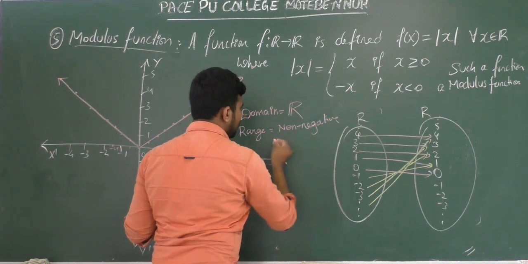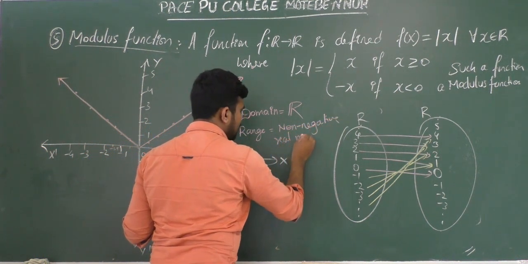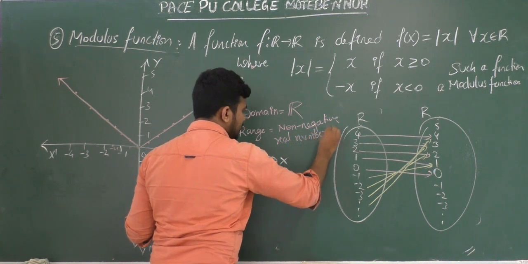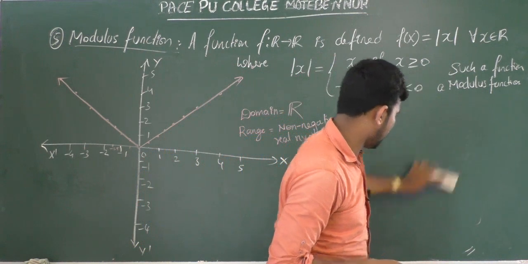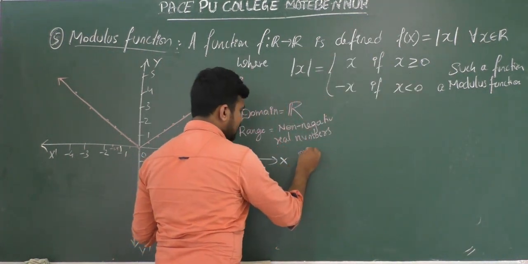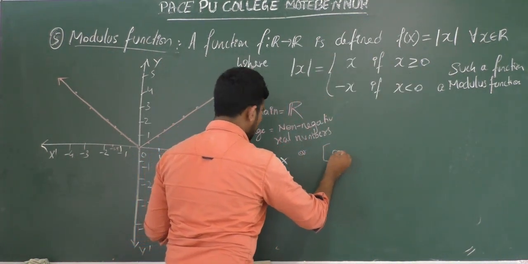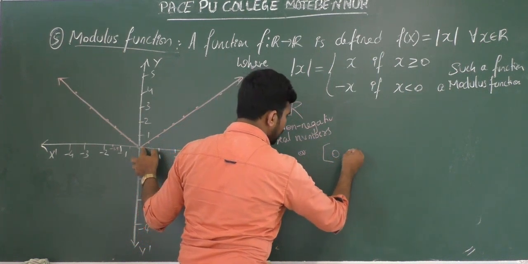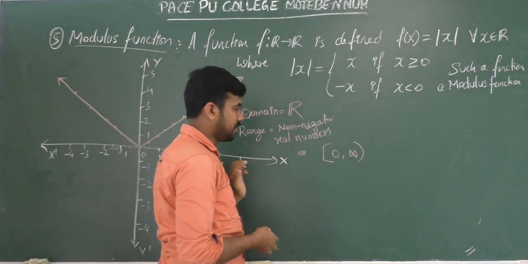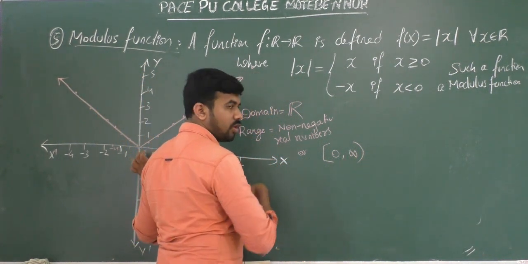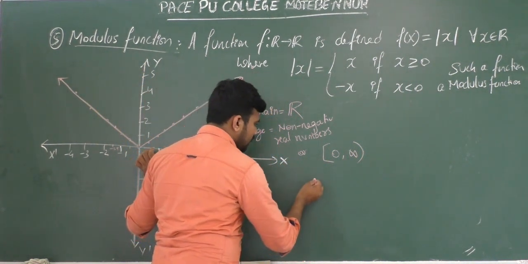Or in interval form, the range is the interval closed at 0 till infinity. All the positive real numbers are included, including 0.